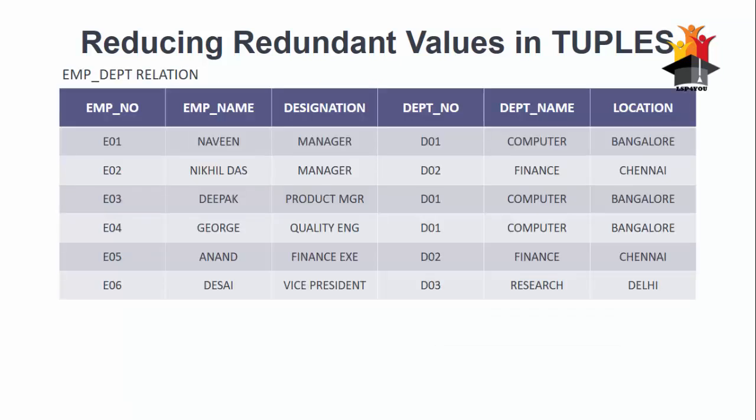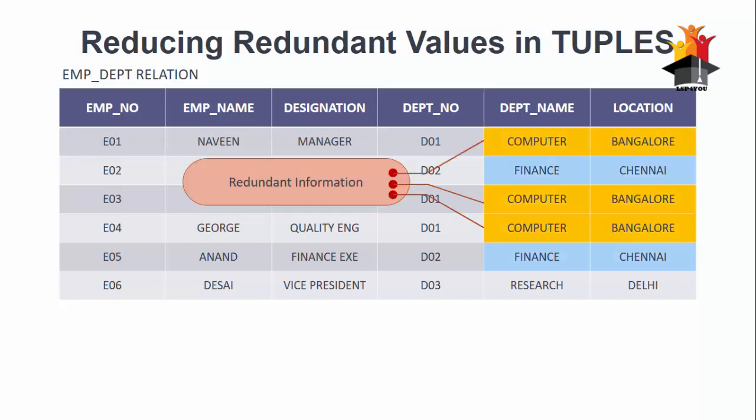In this instance, the relation has 6 employees working on different departments on different locations. Many employees are working on the same department. For example, E01, E03 and E04 employees are working on computer department at Bangalore. So for these 3 employees, the name of the department and location is repeated.